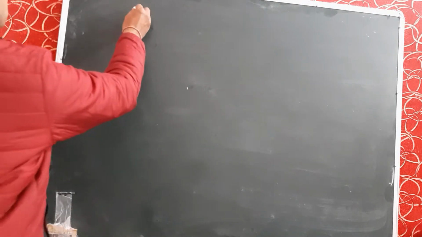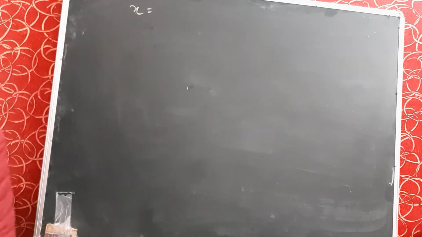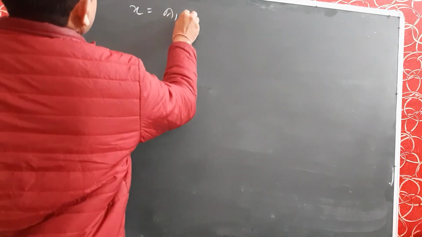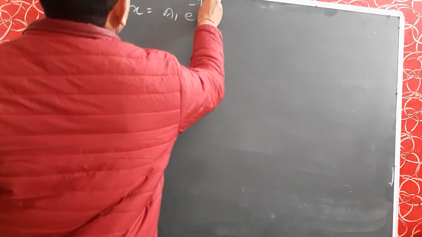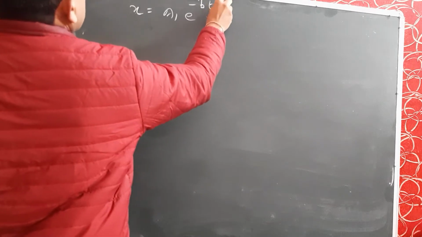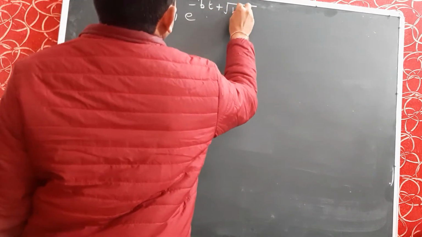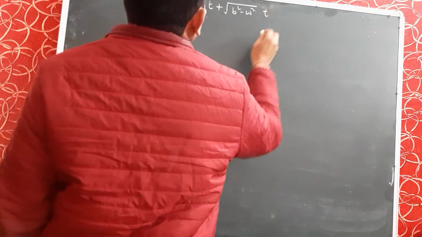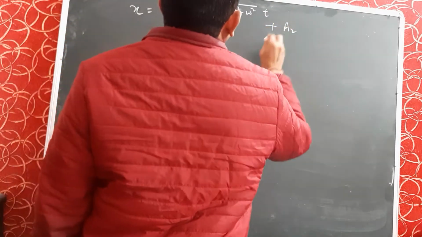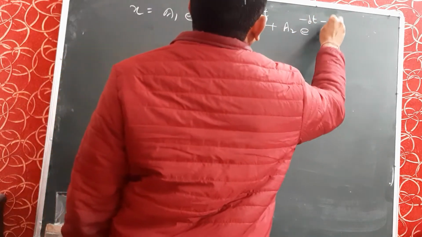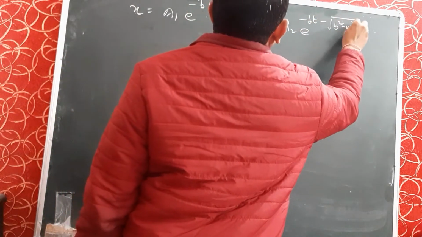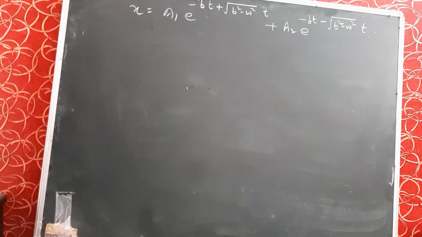So we know that x, the solution of the damped mechanical oscillator, is equal to a1 e raised to the power minus bt plus square root of b square minus omega square t, plus a2 e to the power minus bt minus square root of b square minus omega square into t.